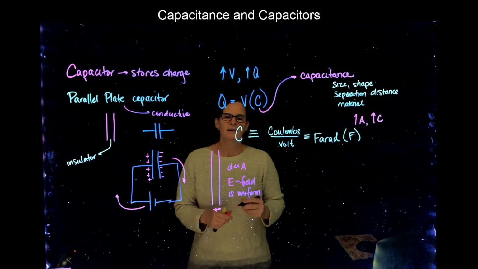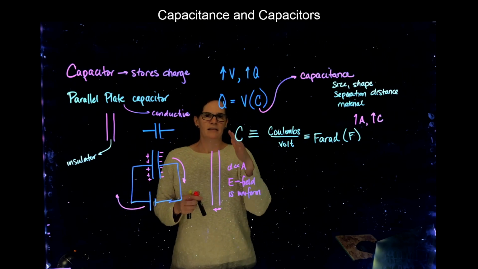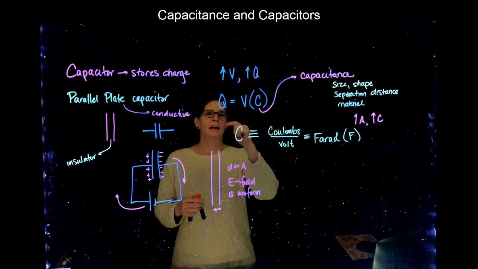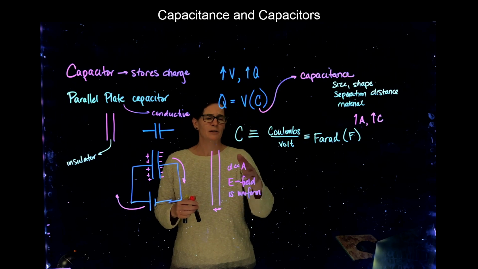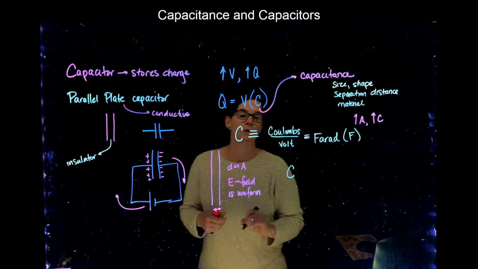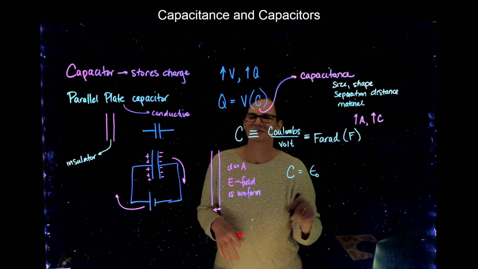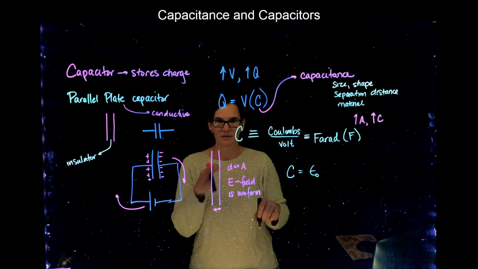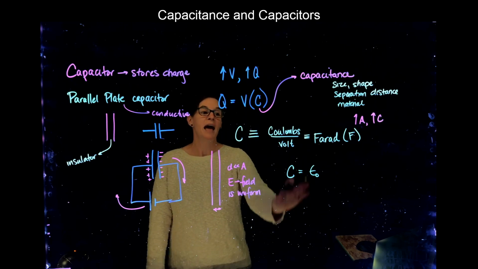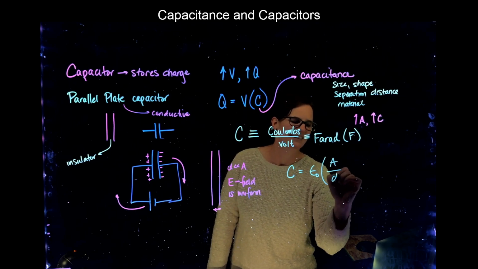Okay? And when we go back and look at the relationship between charge and electric fields and voltages, we can determine that the capacitance for a parallel plate capacitor is equal to epsilon naught, the permittivity, oh my gosh, I cannot say that word today, epsilon naught times the area over the separation distance.